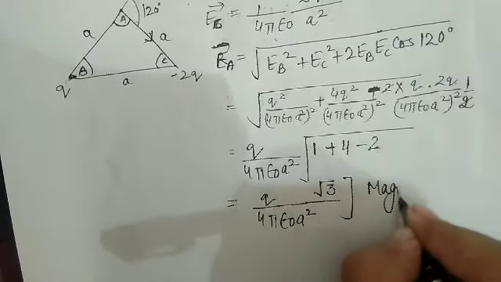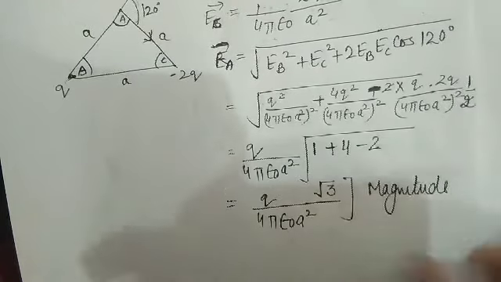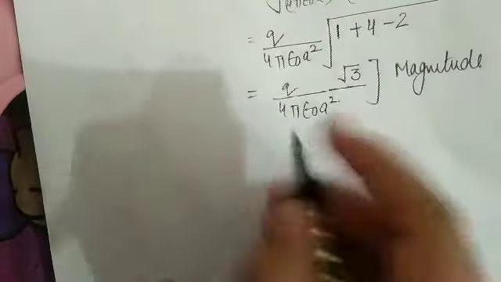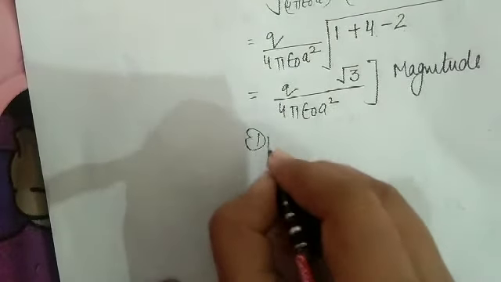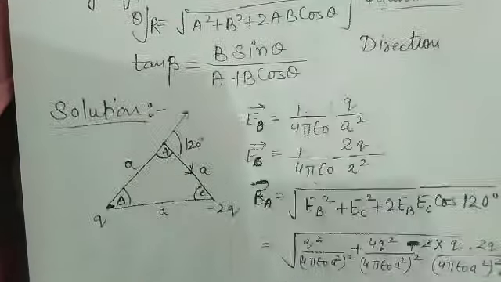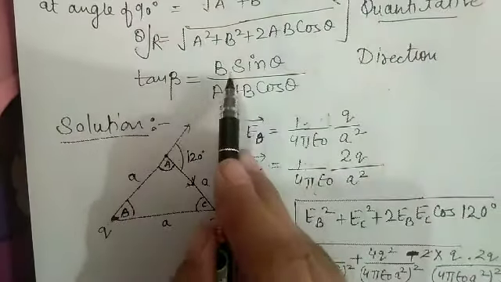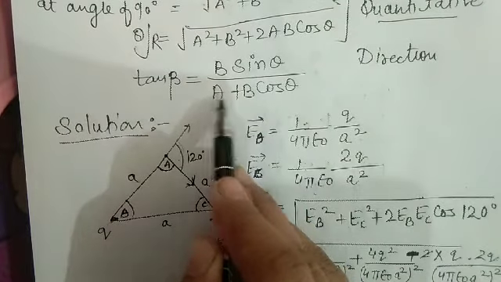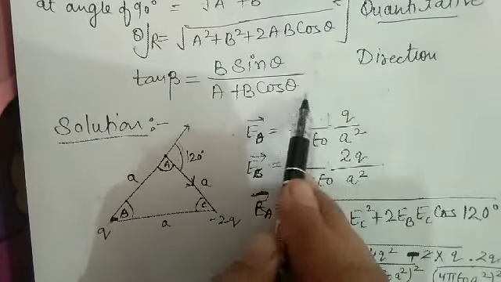But what we have to find out, as per the statement I have asked, is its direction. For the direction you have to apply this identity: tangent beta is equal to B sin theta upon A plus B cos theta.